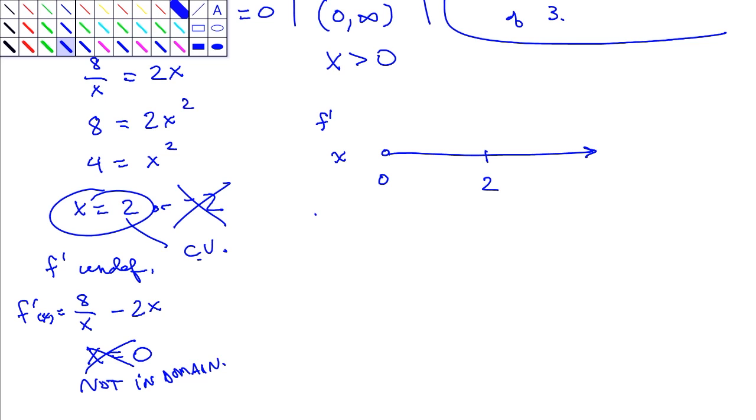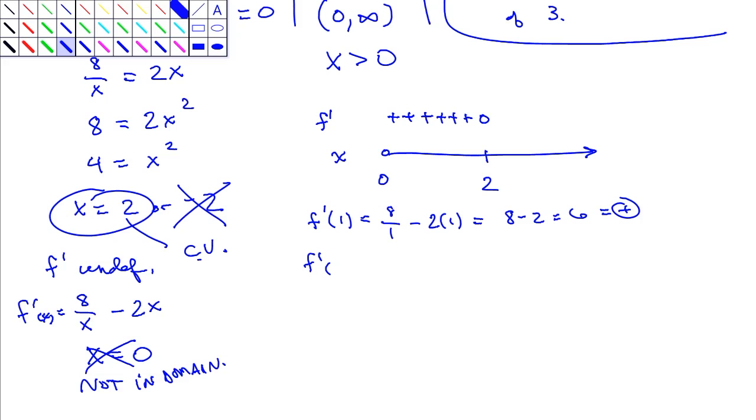So we need to test a number between 0 and 2, and we need to test a number between 2 and 3. Between 0 and 2, I'm going to pick 1. So 8 over 1 minus 2 times 1 is 8 minus 2 is 6, which is positive. And then f prime of 3 is 8 over 3 minus 2 times 3. 8 thirds minus 6, which is negative.